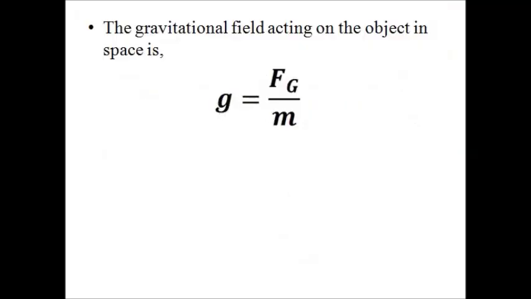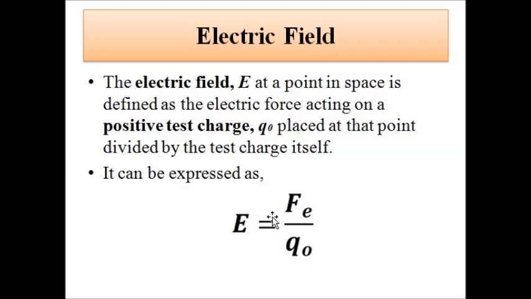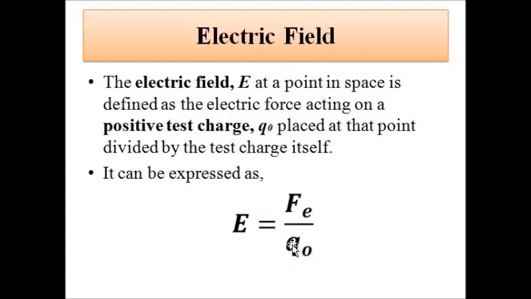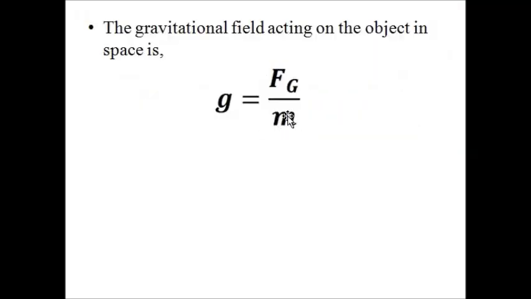The electric force of repulsion Fe is similar to the gravitational force of attraction Fg, and the test charge present in the electric field vicinity is analogous to this small object or any object of mass m.